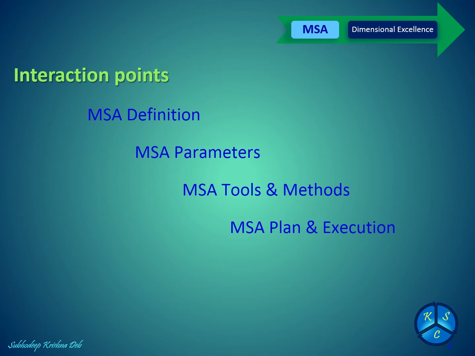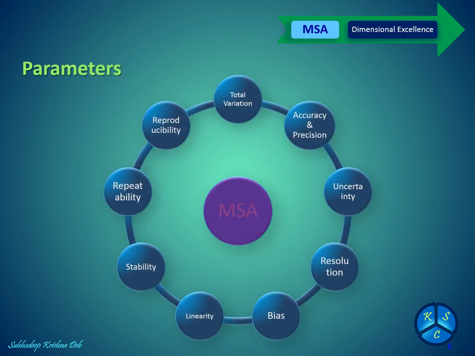Now completing phase 1, we move to the MSA parameters. Let us see what we saw in MSA parameters. In the second phase, we discussed the 9 parameters of MSA. The second phase had 2 parts. In the first part, we covered the total variation, accuracy and precision, uncertainty and resolution.